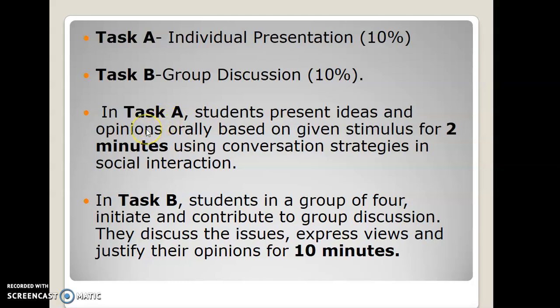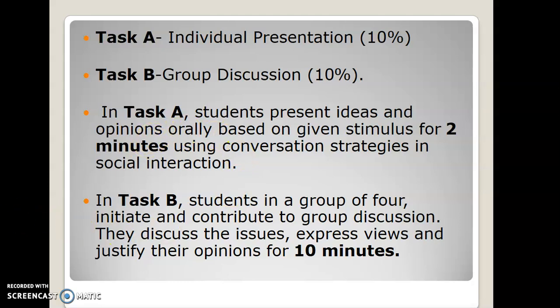In task A, students need to present their ideas and opinion orally, and each of the students will be given 2 minutes. Therefore, in task A, the students will take turns to present their ideas.